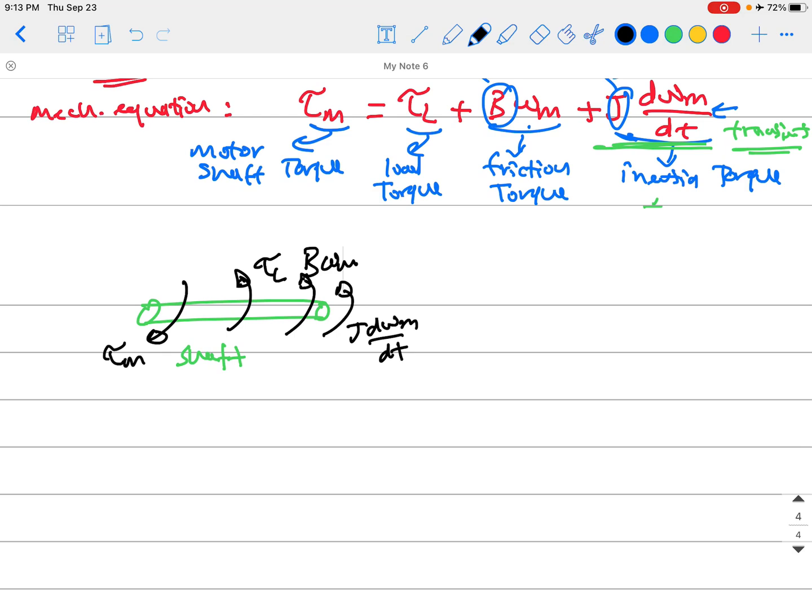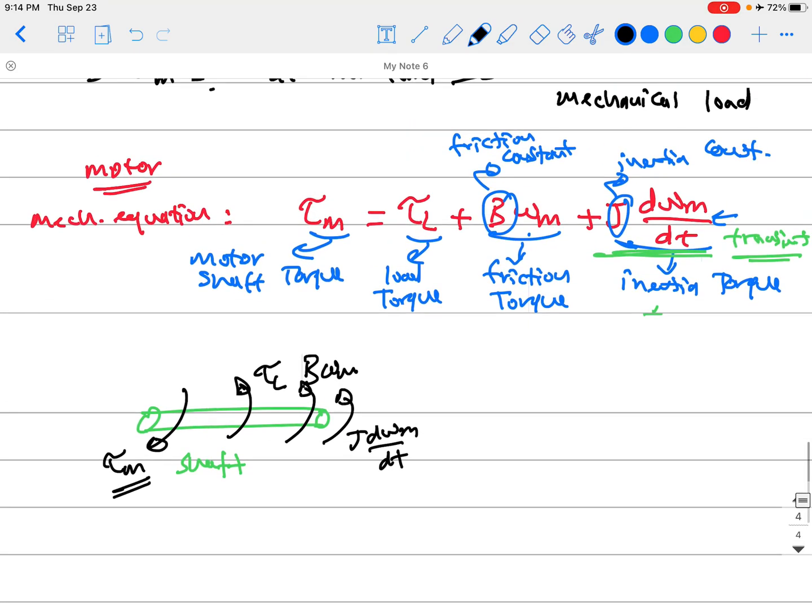So your torque will be going one way, and those three torques will try to go the other way. That means it's some sort of a brake on it. It's trying to oppose it. So your motor torque has to overcome them all. That is the whole point here.